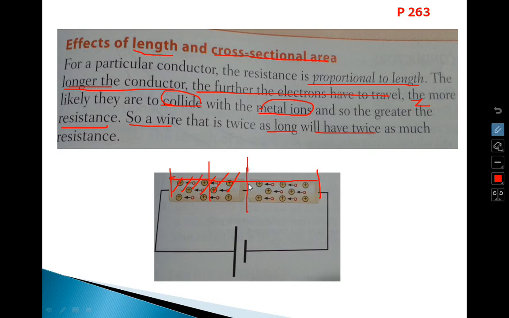If the first part has resistance R1, then the resistance from here up to here is 2R1. So the resistance will be twice.